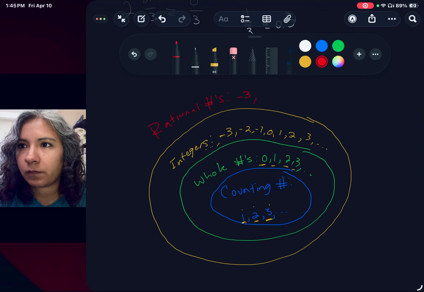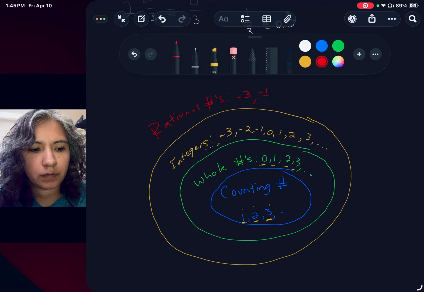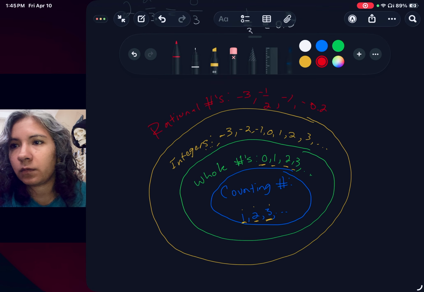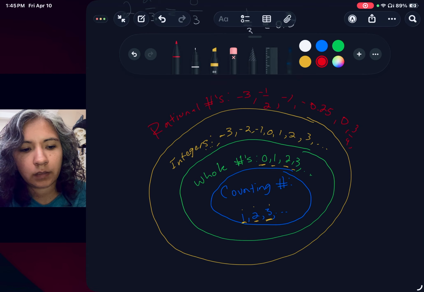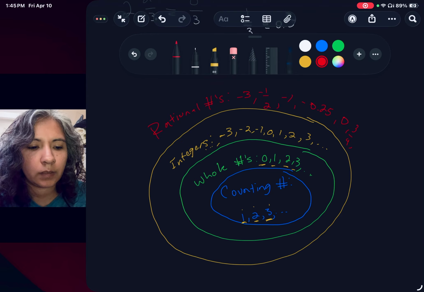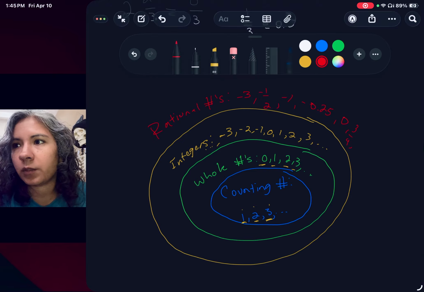And let's do more fractions. -1/2, -1, 0, we can do decimals too, 0.25, 3/4. 3/4 can also be written as 0.75, and 2.